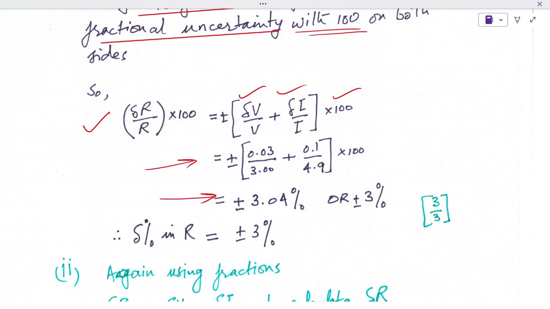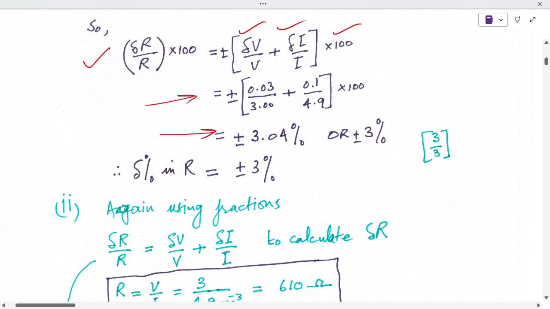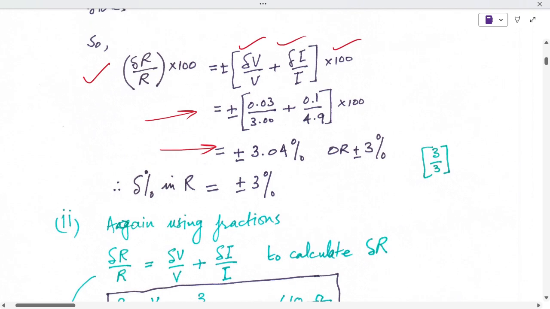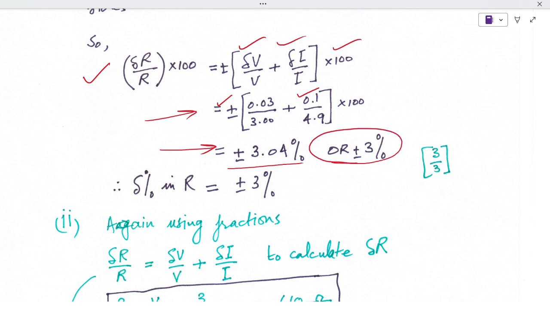Putting in the values, and we always write down plus minus before the uncertainty: 0.03 divided by 3.00 for voltage and 0.1 divided by 4.9 for amperes, and multiplied by 100 after the bracket, we get an answer 3.04%, or we can write down the percentage uncertainty in the resistance is plus minus 3%, and you score 3 marks.